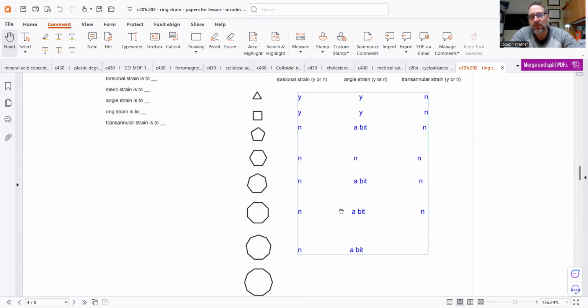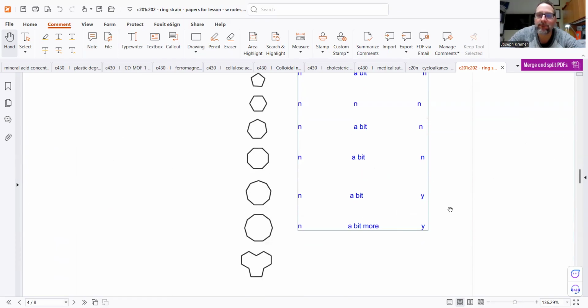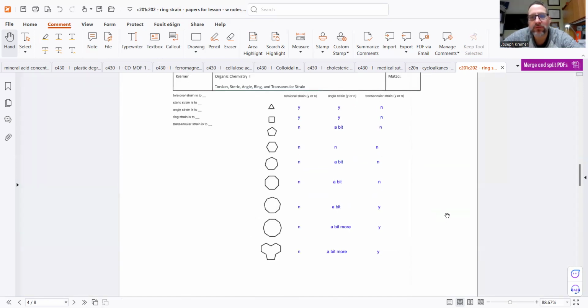And this pattern will continue. No bond eclipsing. Angles are too wide. Angle strain, yes. So this can be presented graphically, but let's zoom out for a minute for your notes' sake. That's what we have on ring strain.